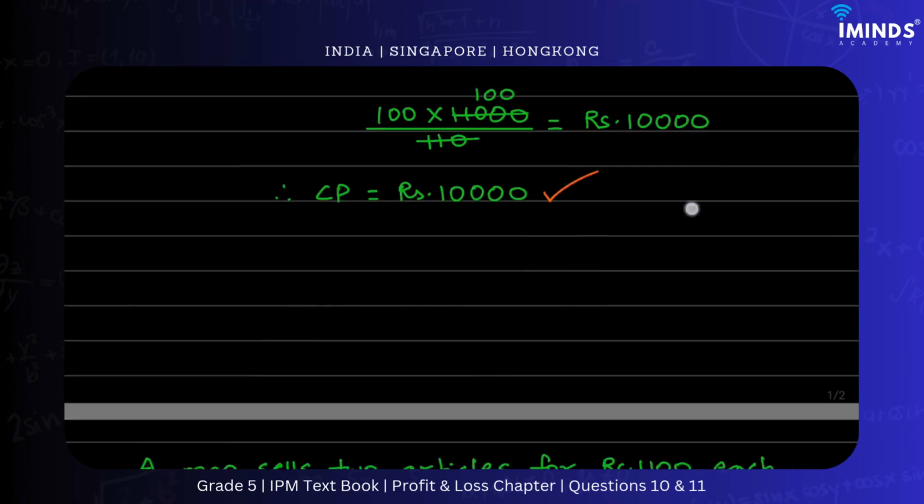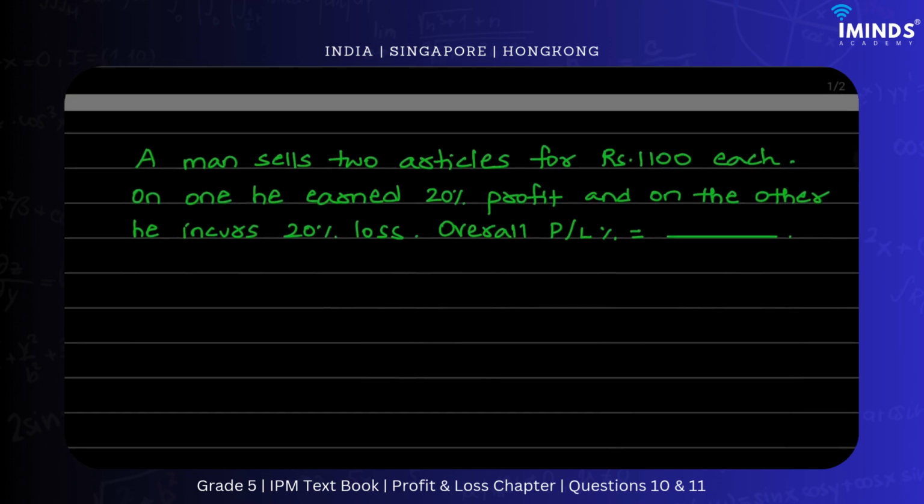Now let us go to the next question. Here a man sells two articles for rupees 1100 each. On one he earned 20% profit and on the other he incurs 20% loss. Overall profit or loss percentage is equal to dash. At the very first instance, when we read this question, what comes to our mind?